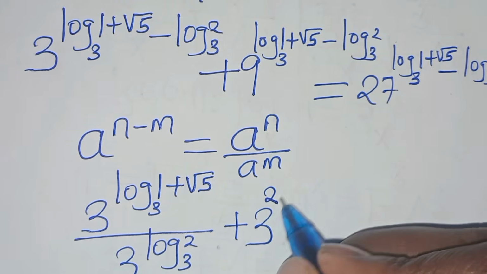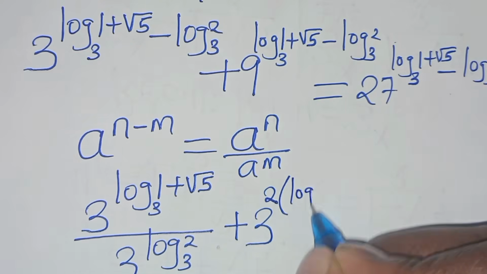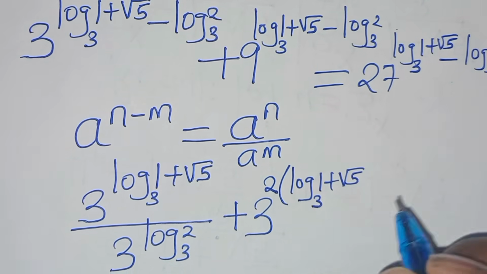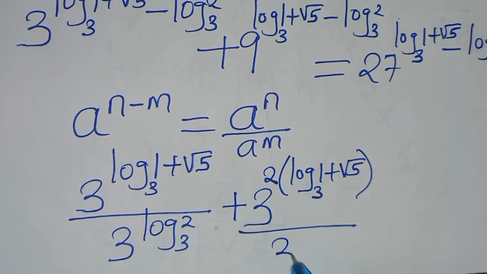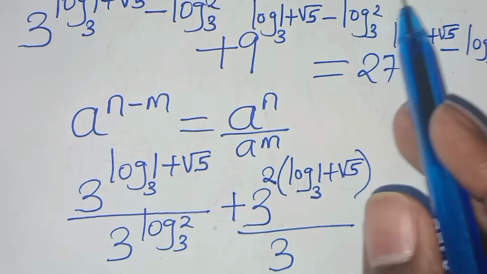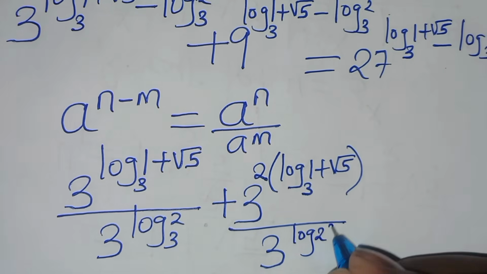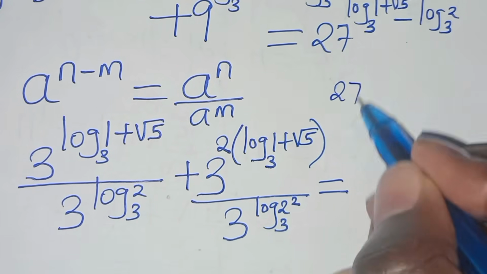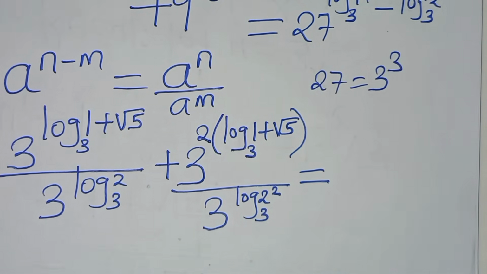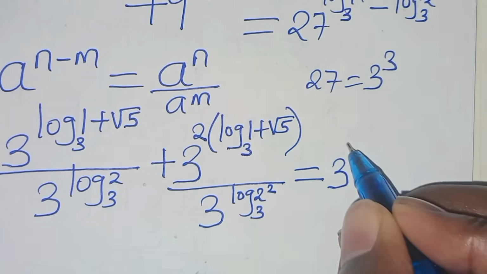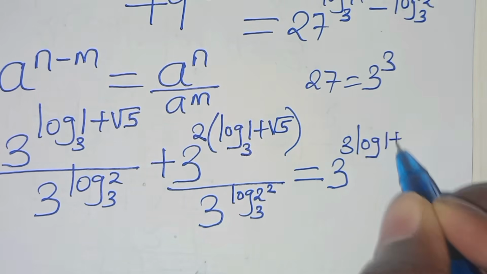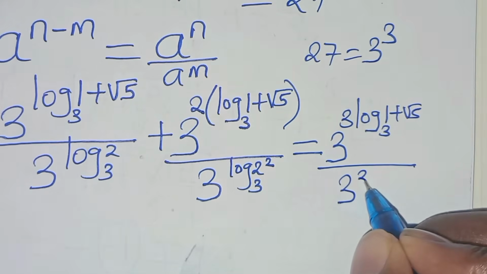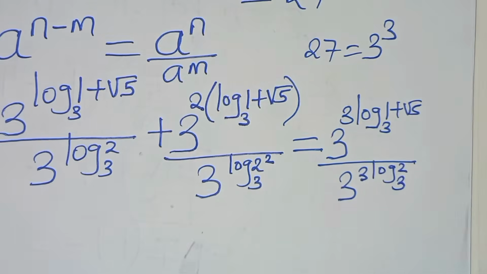Here we have 2 multiplied by log of (1 plus square root of 5) to base 3, divided by 3 raised to the power of log 2 to the power of 2 to base 3. Then this is equal to 27, which we can express as 3 to the power of 3. So we have 3 to the power of 3 log of (1 plus square root of 5) to base 3, divided by 3 raised to the power of 3 log 2 to base 3.